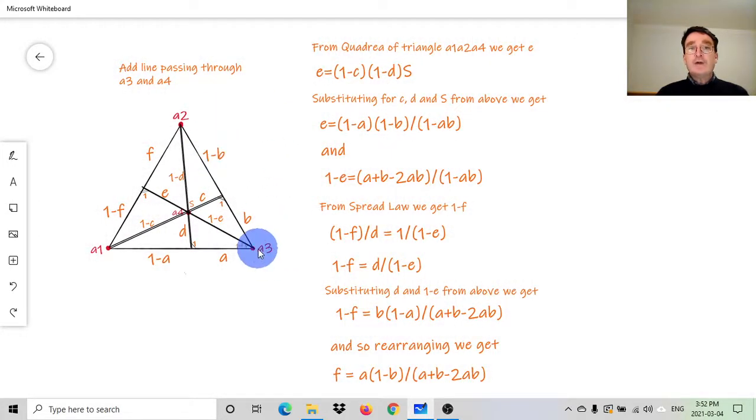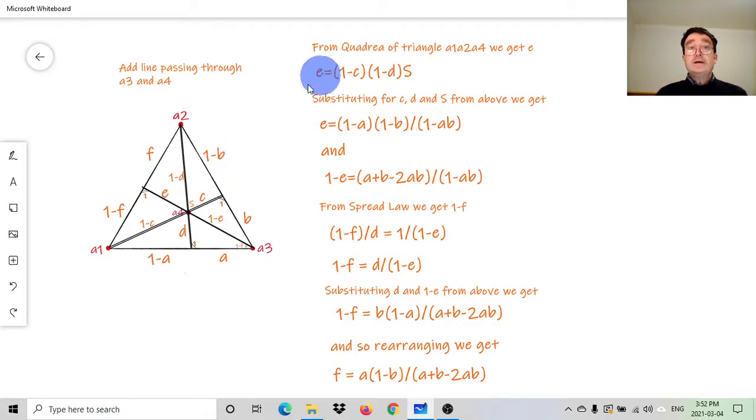So now we're going to add this line going through A3 and A4. So we have new values of E here and 1 minus E there. The quadrance between this point A3 and the intersection over here is 1.